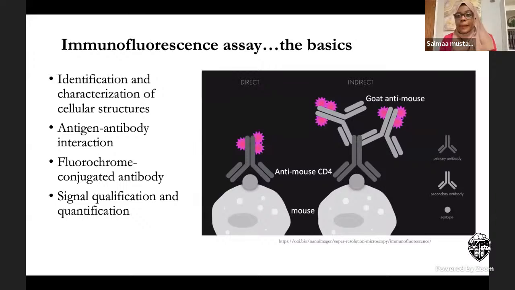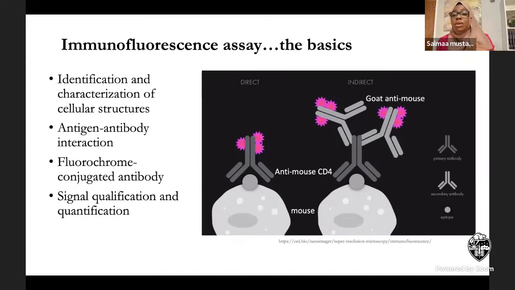And remember, if you're labeling multiple proteins, maybe one on the membrane and one intracellularly, make sure that you stain the one on the membrane first, then you fix, permeabilize, and then stain with the other one that's inside the cell. That's the sequence that I go through.